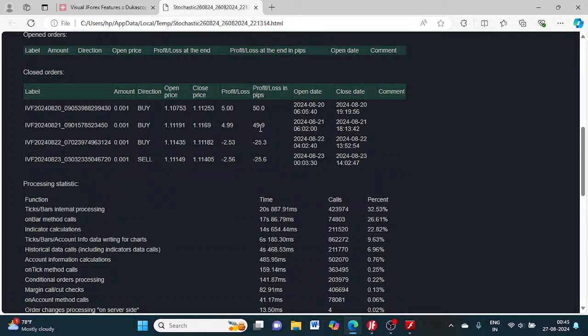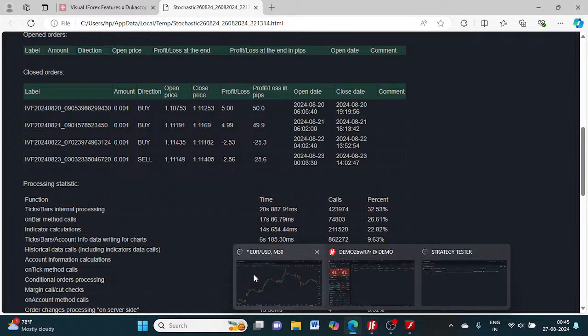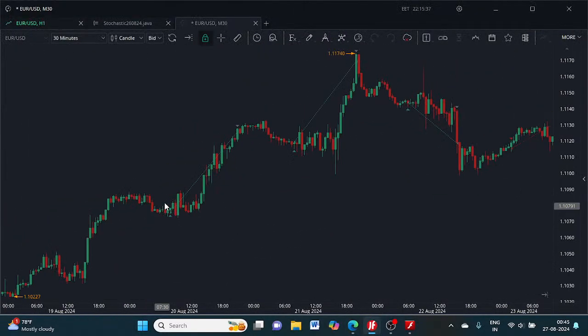So overall we lost 50 pips, but we gained 100 pips. So there was a net gain of 50 pips over the week using this simple algorithm, and that is going to generate a healthy profit for the week.